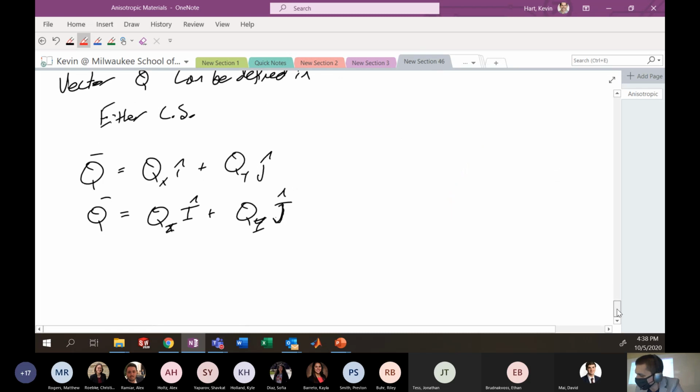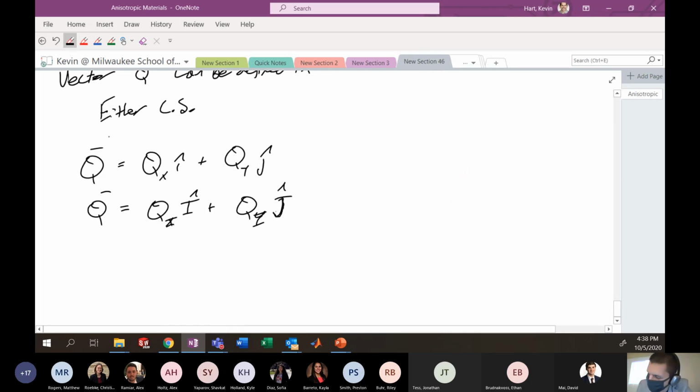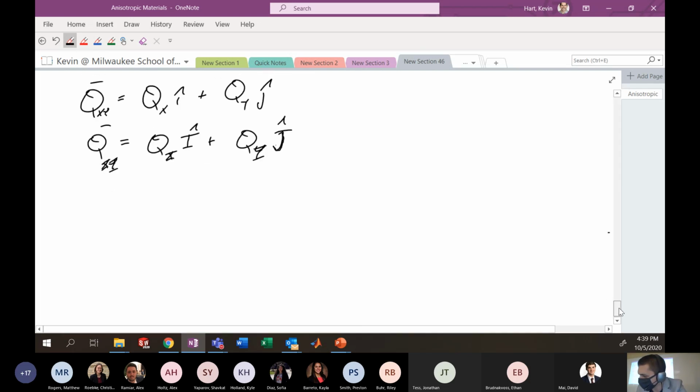So if I want to transform between, and let's put some distinguishing characteristics on here, let's call it little x, little y to cap X, cap Y, then I can use kind of the following transformation.